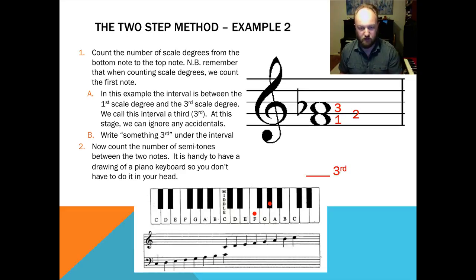Again, down below we have our keyboard, and we started on F to A flat. So let's count. 1, 2, 3 semitones to A flat. So we have counted 3 semitones between F and A flat.